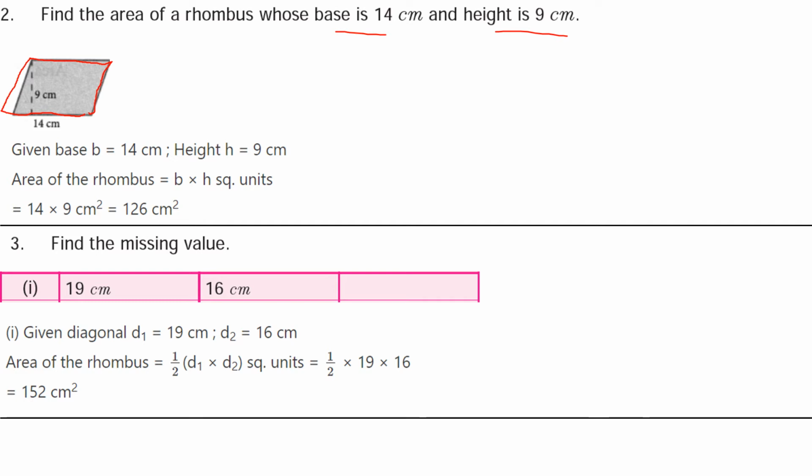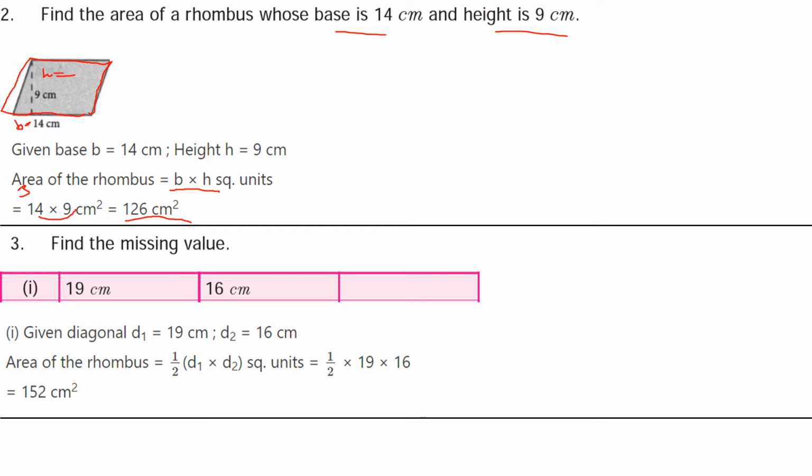So base equal to 14 centimeter, height equal to 9 centimeter. So area of the rhombus is B into H square units. So 14 into 9, that is 9 4s are 36, 3. 9 1 is 9, 9 plus 3, 12. So 126 centimeter square.